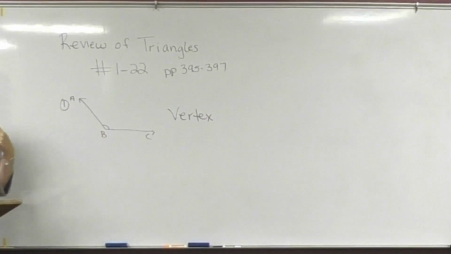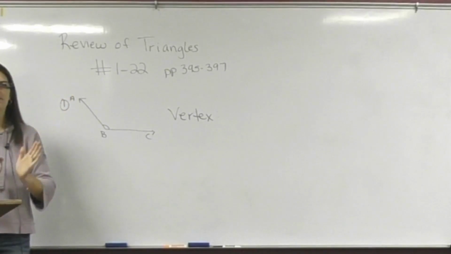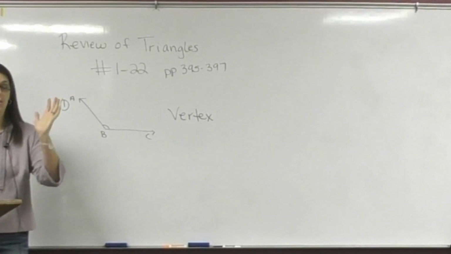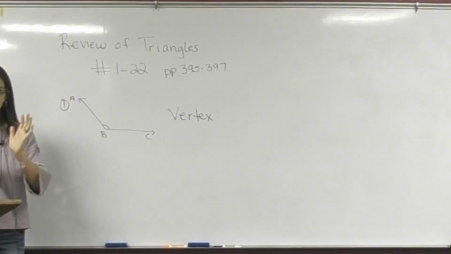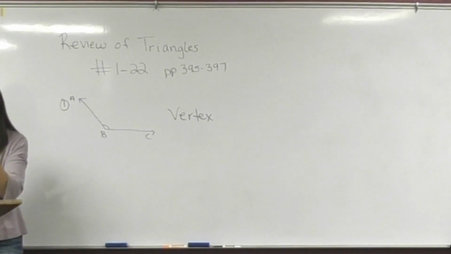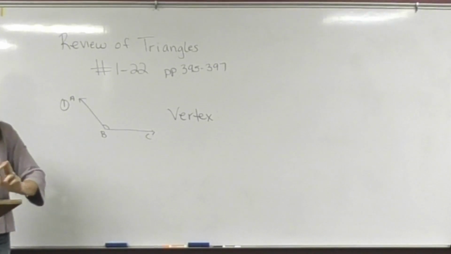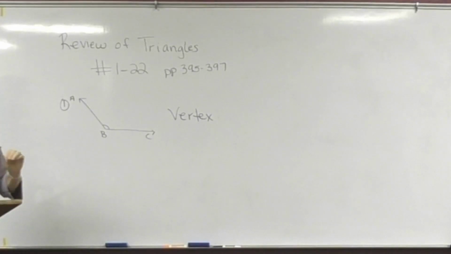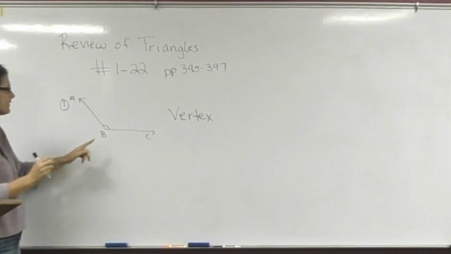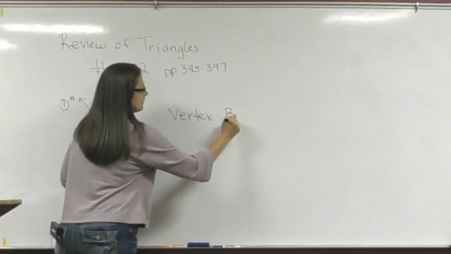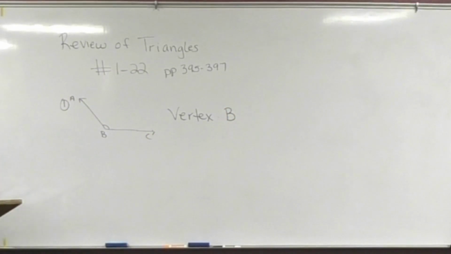The vertex is not an angle. The vertex is the place where those 2 rays meet. Now, they create an angle, but the vertex is the point at which those 2 rays meet. So the vertex of this angle right here is B. I just want you to write B. It's not angle B, it's just B. And then you were told to name the angle 2 different ways.